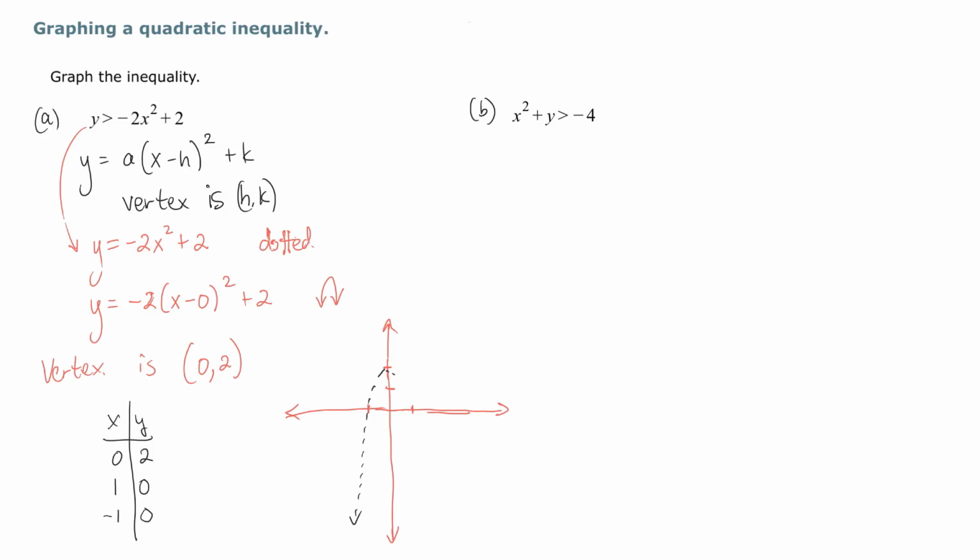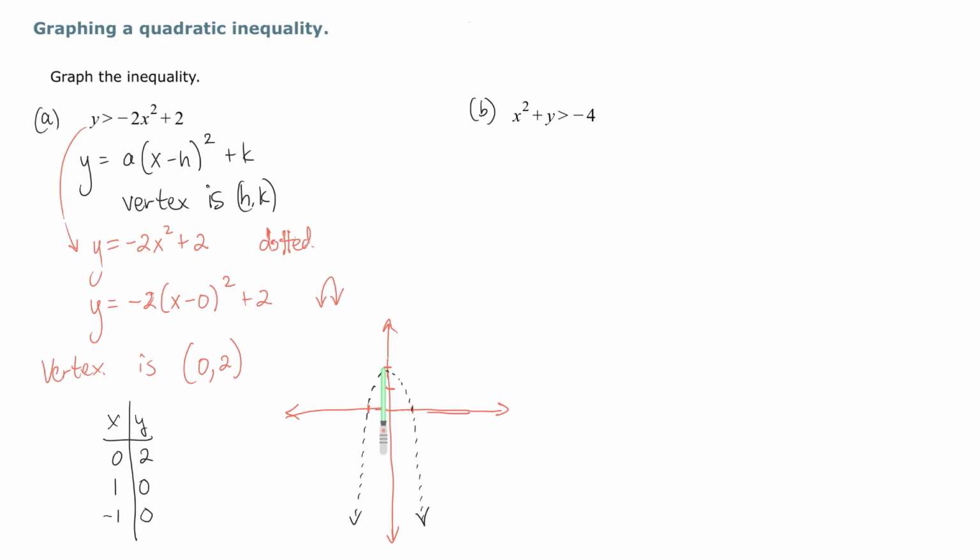So the parabola actually separates the Cartesian plane into 2 regions. There's a region inside the parabola, and there's a region outside the parabola. So we just need to pick a test point that is not on the actual dotted parabola.